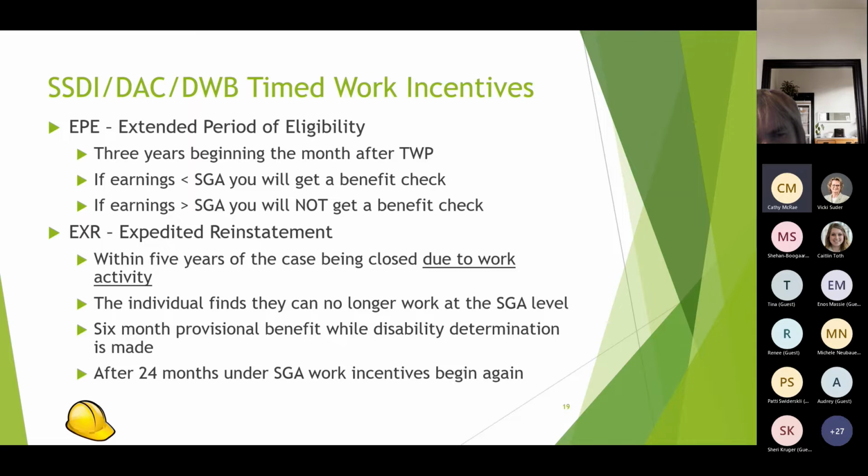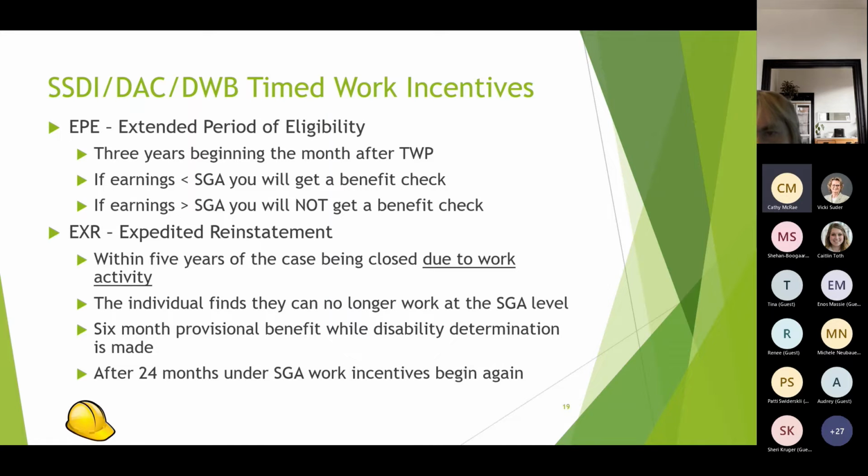So you've used up those 9 months, and that next month, you're going to start the extended period of eligibility. During that time, if your earnings are below the substantial gainful activity level, you will get a benefit check. If your earnings are above the substantial gainful activity level, you will not get a benefit check for that month.